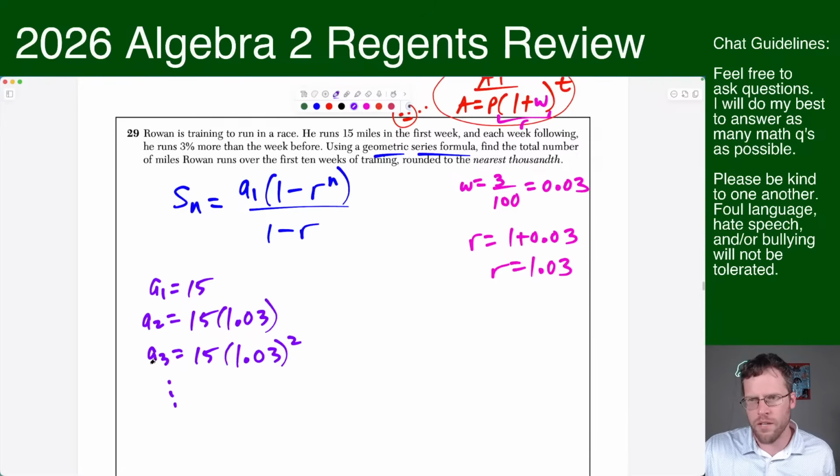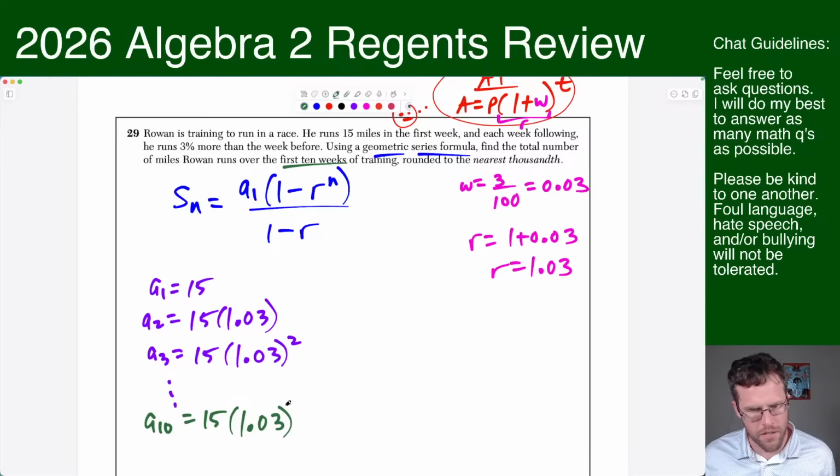And then by the time we get to 10 weeks, so A sub 10 would be 15 times 1.03, but don't say to the 10th, to the power 9. Okay, if you notice the relationship here, whatever the subscript is, the power is 1 less. So you see 3, and then it's a 2. So when it's 10, it's going to go to 9 like this.